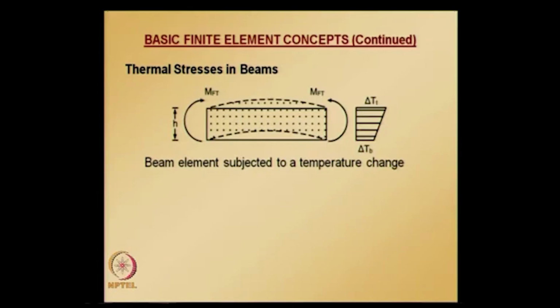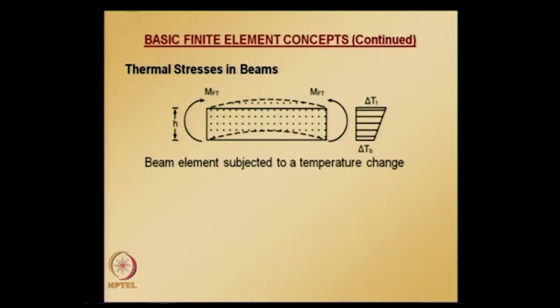Delta capital T subscript T is the change in the top surface temperature, delta capital T subscript B is the change in the bottom surface temperature, H is the depth of the beam. And when a beam element like this is subjected to temperature change, it is going to experience curvature.